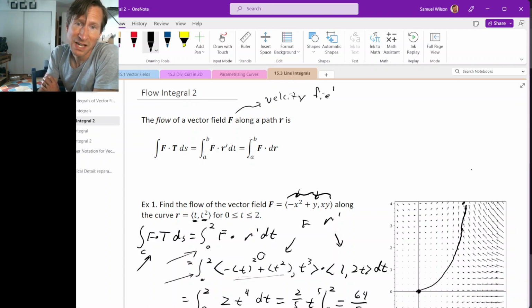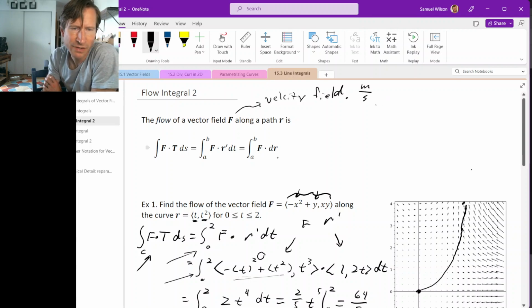It's telling me how fast some fluid is flowing around. And velocity fields have units of meters per second because they represent velocities. So this F here has units of meters per second.